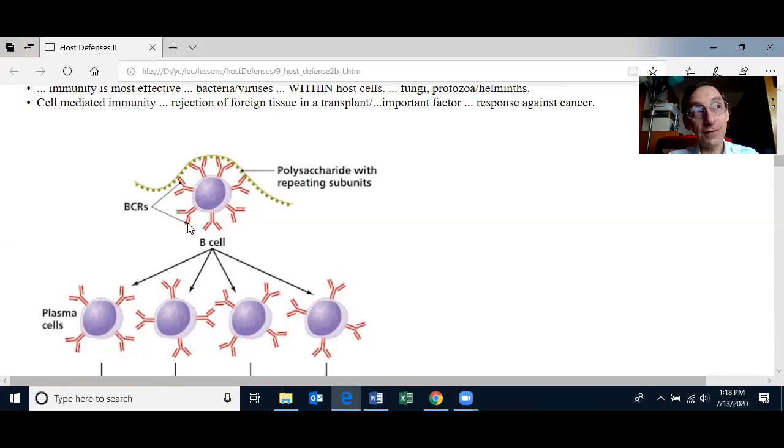I'm sure you've each gotten different vaccines, and you've mounted immune response to that vaccine, and that's why you're protected for whatever the vaccine was trying to protect you from. And if each B cell receptor on a B cell can only bind to one thing, and that's 500,000 copies on the B cell, but it only binds to one thing, how come our immune system responds to so many different things?